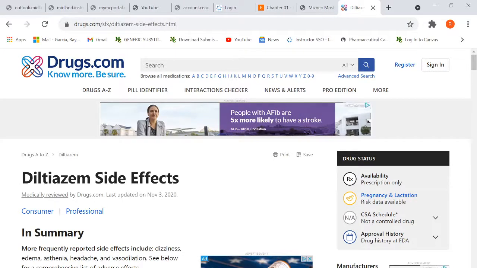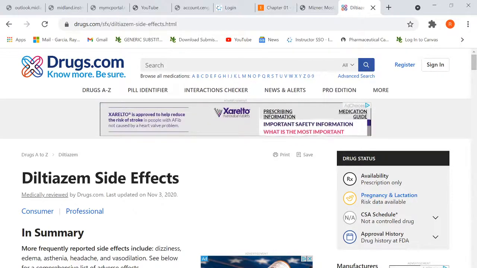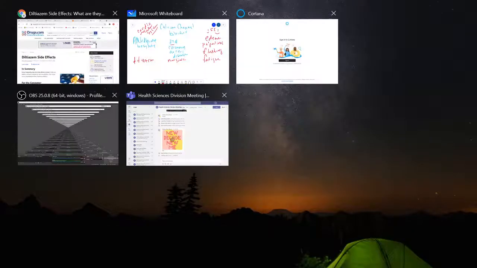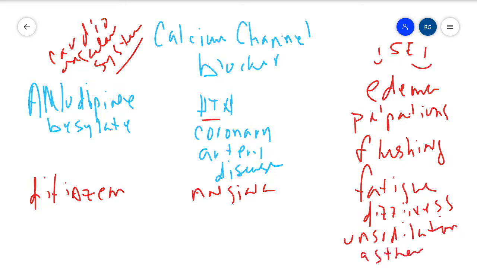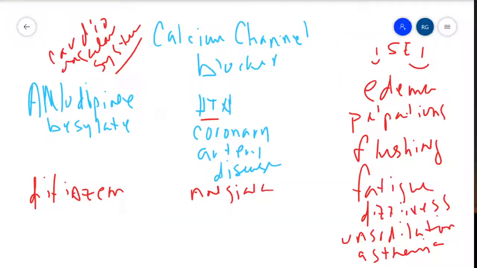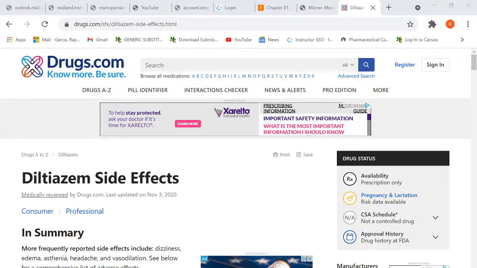Again, we got edema, asthenia, headache, and vasodilation. So let's add dizziness, headache, vasodilation, asthenia, if we can.